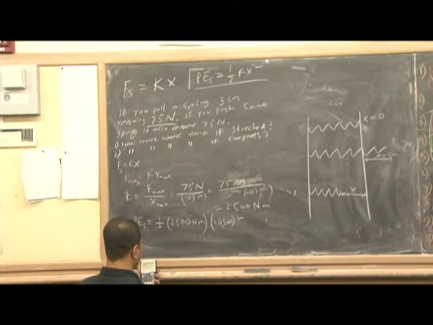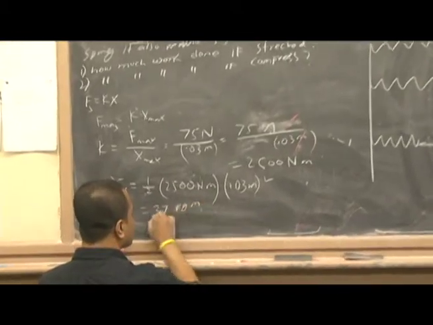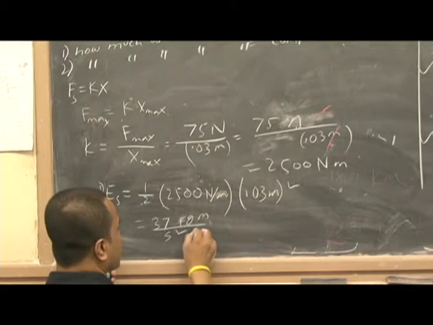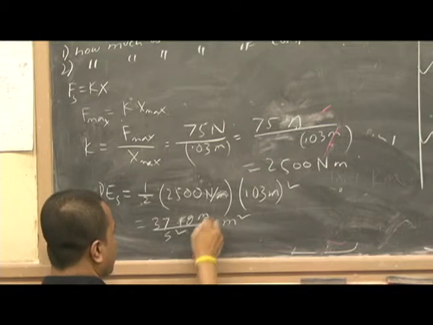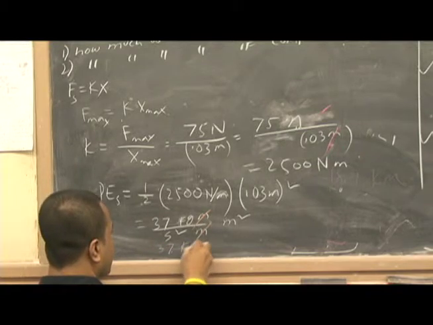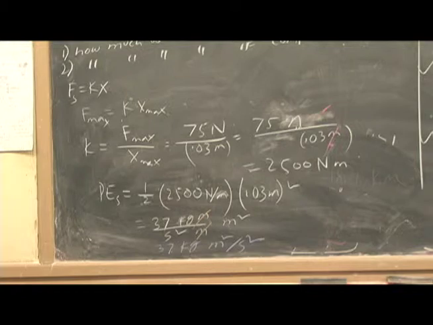So 2500 divided by 2 times 0.03 squared is 1.125, in kg meter square per second square, which is just joule.